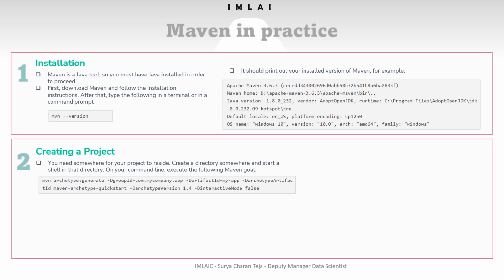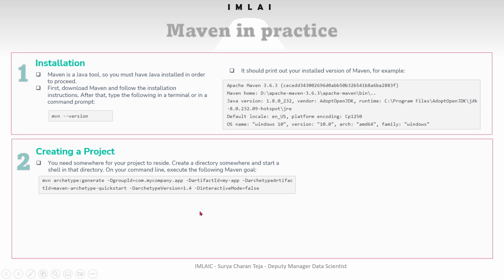Once we execute that command, we'll see what magic is going to happen. This command consists of information about the archetype. So we are asking Maven to generate something, and then group id and artifact id we are going to give.